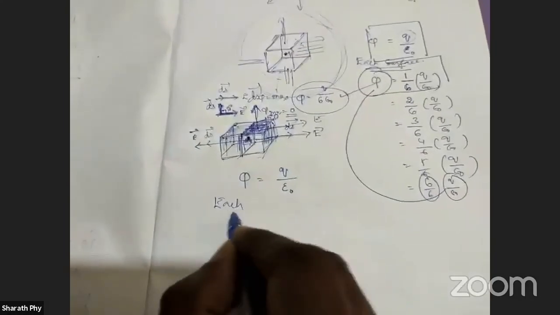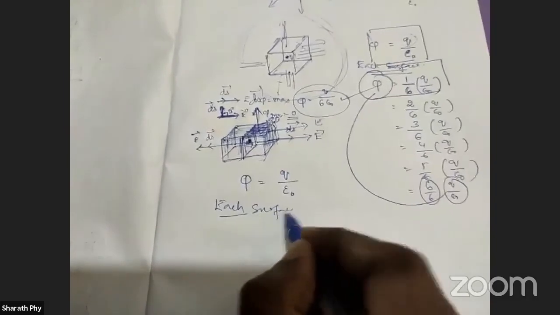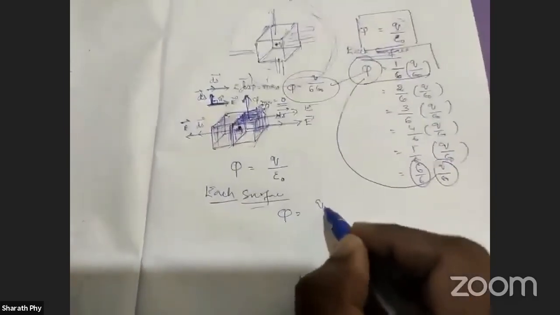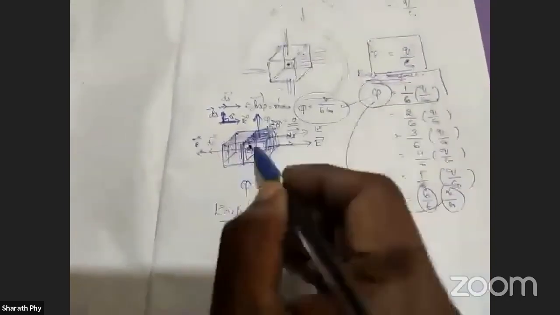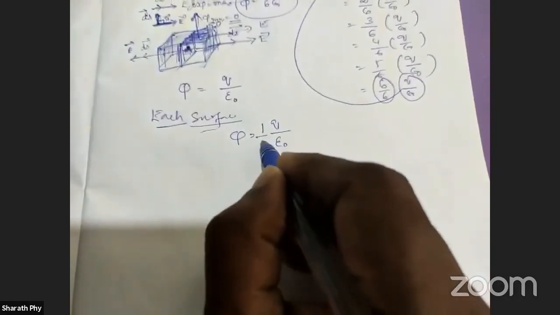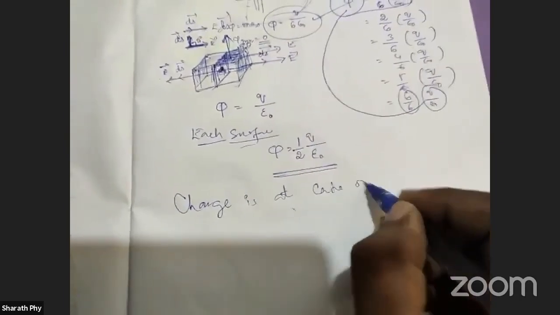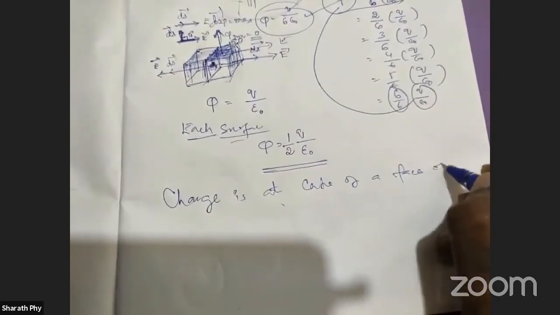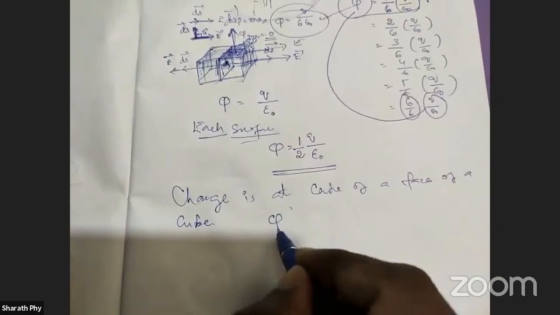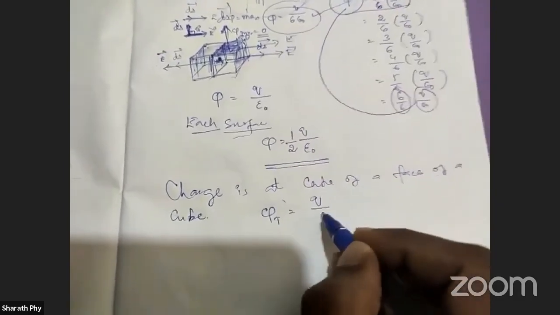So from each surface, what is the flux linked? Q by epsilon naught, only two surfaces. So if the charge is at the center of a face of a cube, then the total flux is equal to Q by epsilon naught only.